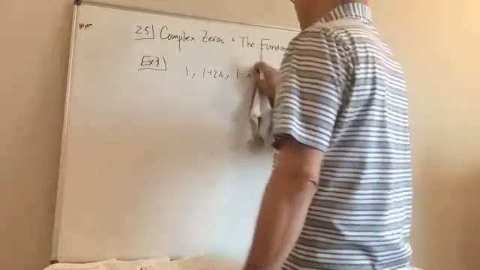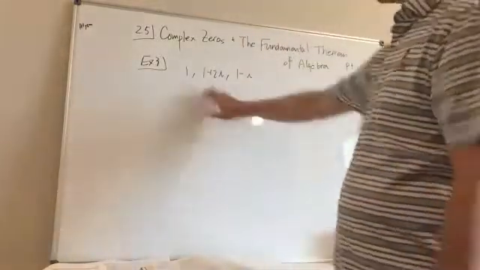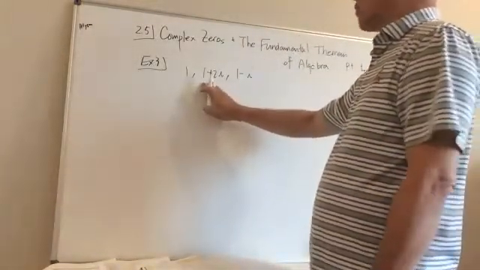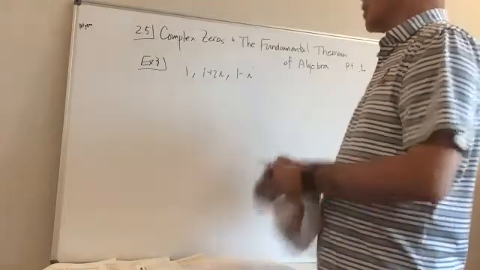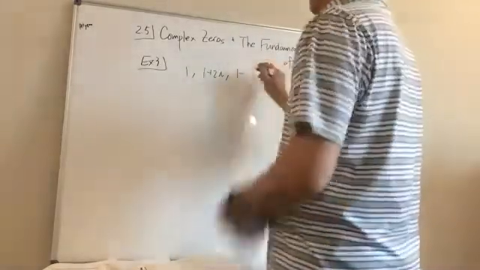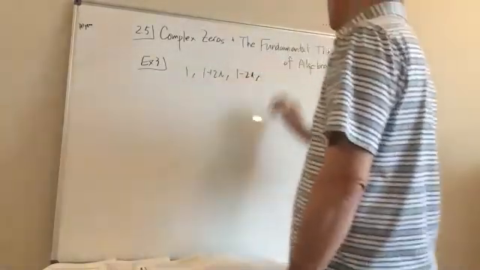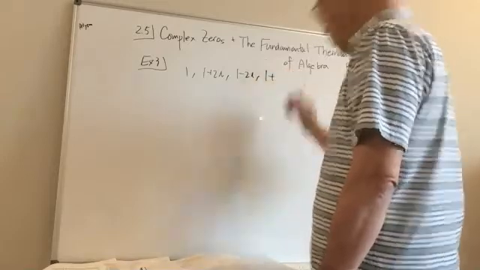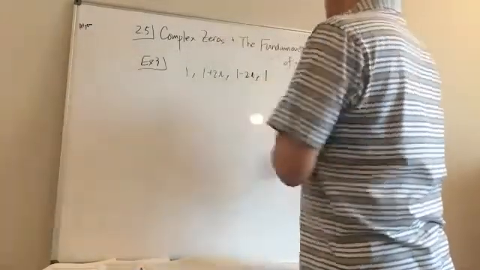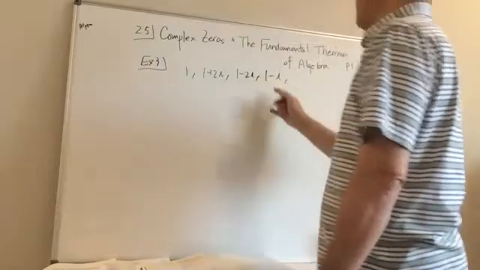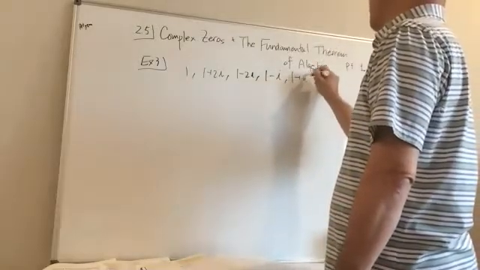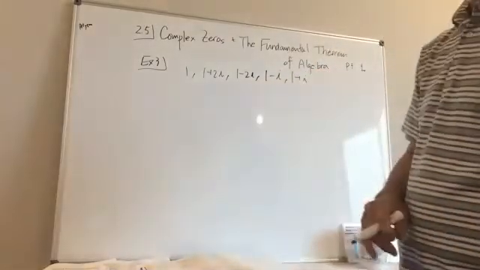Okay. So, since this is a root, I know that 1 minus 2i is a root also, right? So 1 minus 2i is also a root. And they also gave you what? 1 minus i. So 1 minus i is a root, therefore 1 plus i has to be a root also.